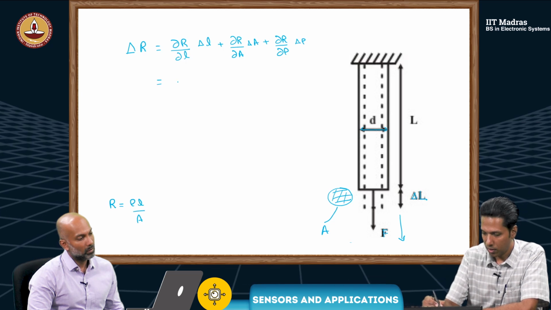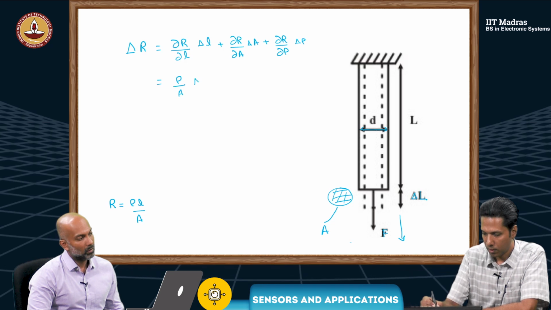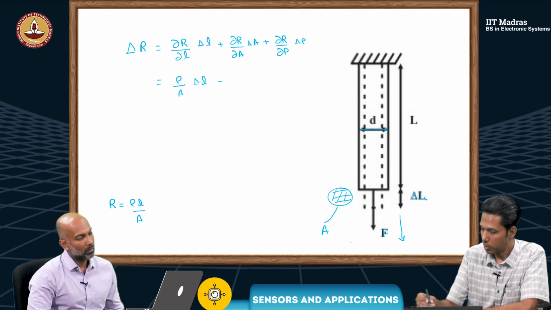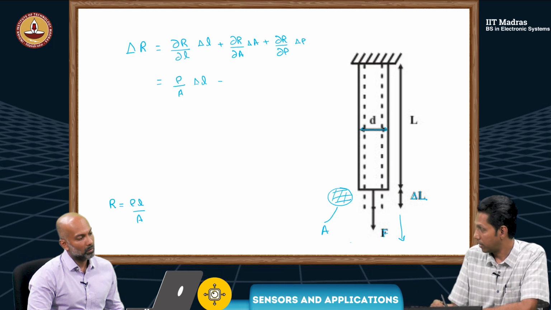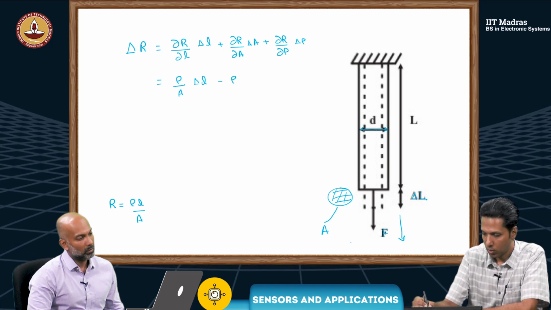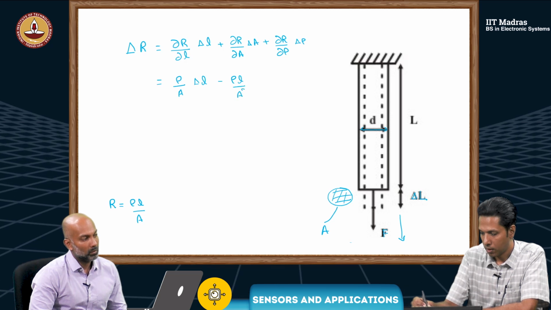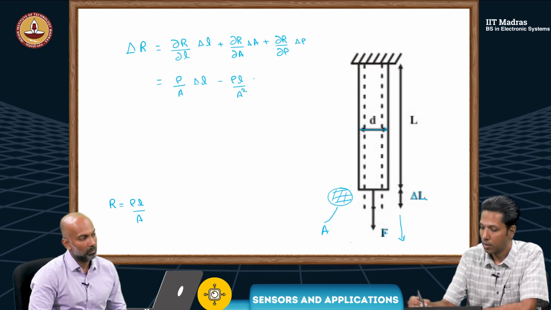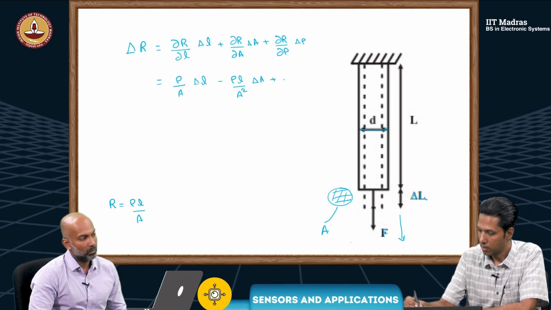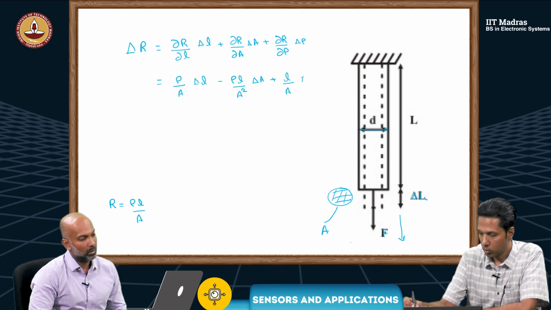So this will be rho by A into delta L. Because A is in the denominator, this will become minus rho L by A square delta A, plus L by A into delta rho.